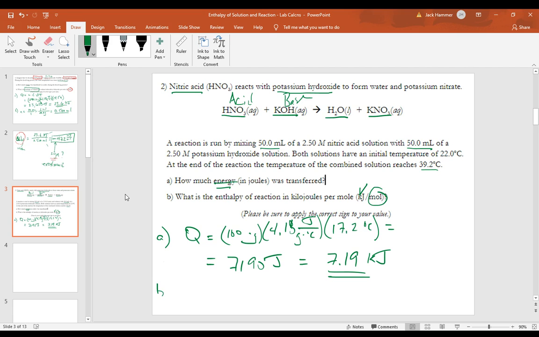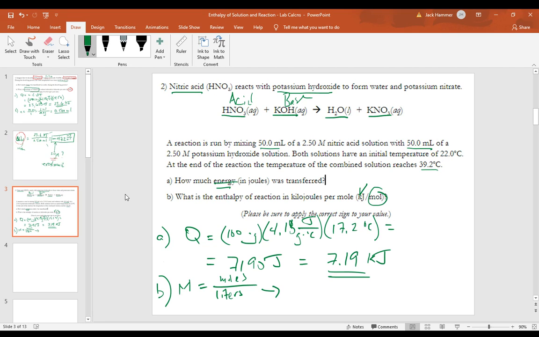All right, so part B. This is where you have to remember that molarity is equal to moles divided by liters of solution. Let me be precise about this. It's the moles of the solute, the stuff dissolved in the water, divided by the liters of solution.